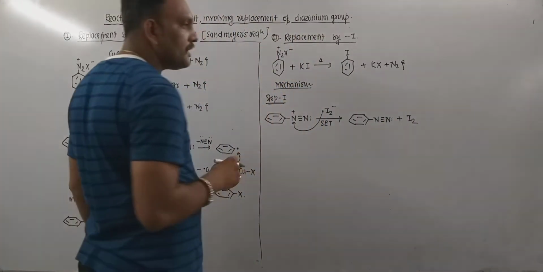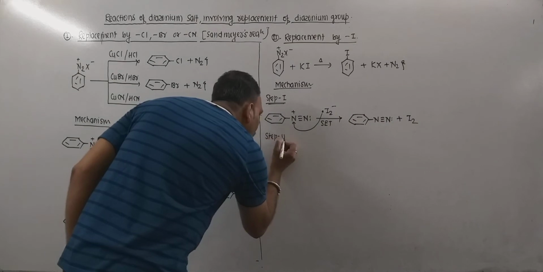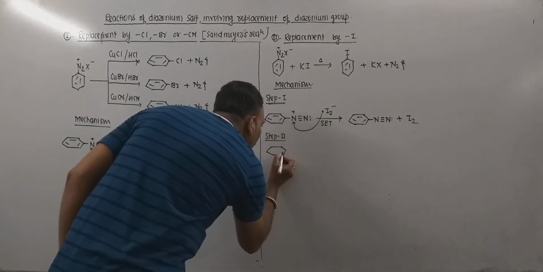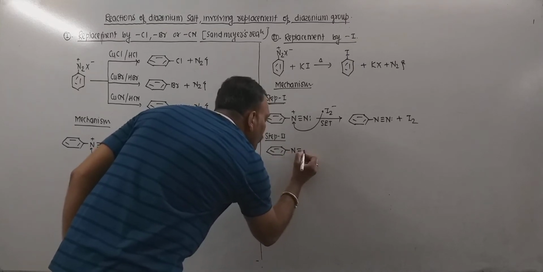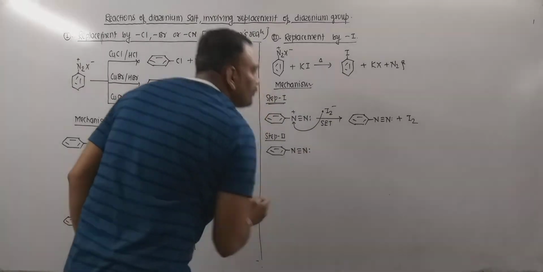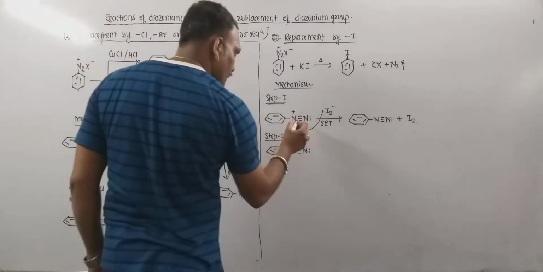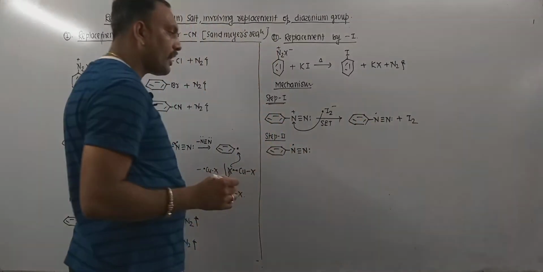Now what happens in the second step? The second step again is homolysis. Our species obtained as a result of the SET, that is single electron transfer, now has this nitrogen which, by accepting an electron, has one electron already.